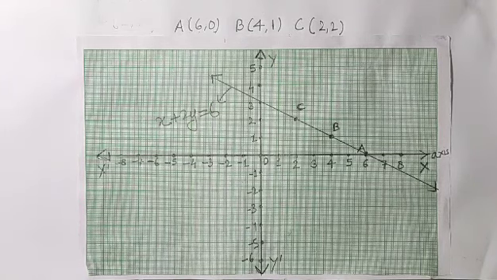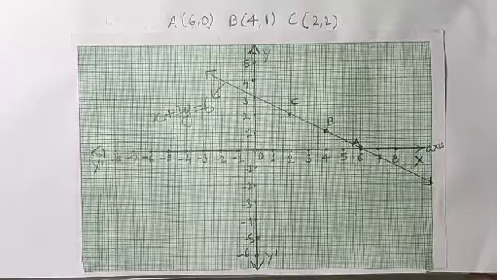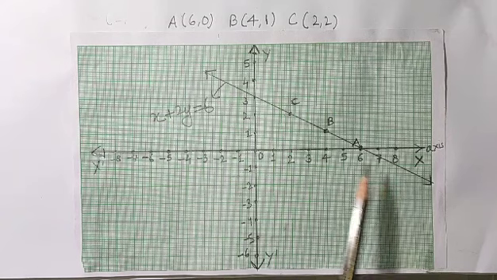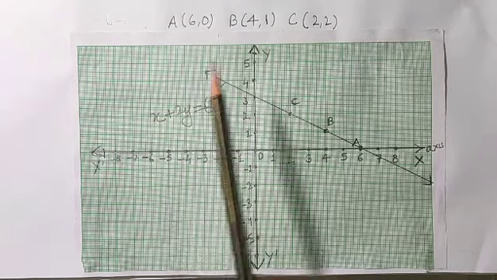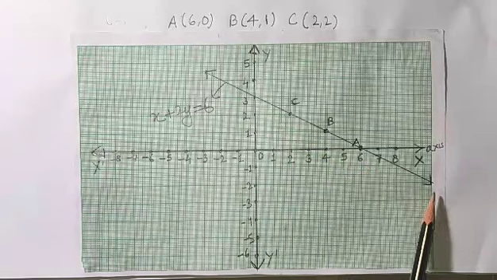So how can we represent an equation in graph form like this? Firstly we will find the solutions, then we will show the solutions on the graph. And after that we will join them. Don't forget to join the points.